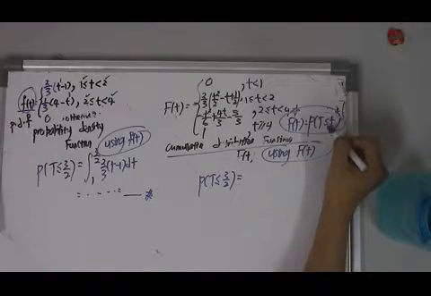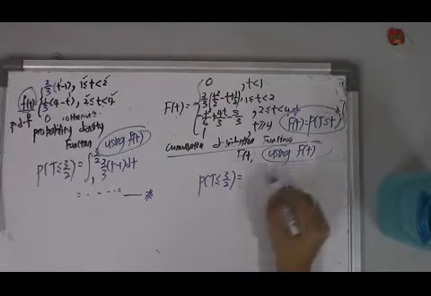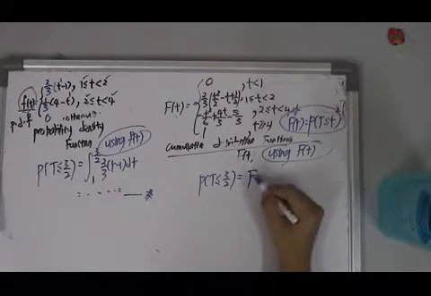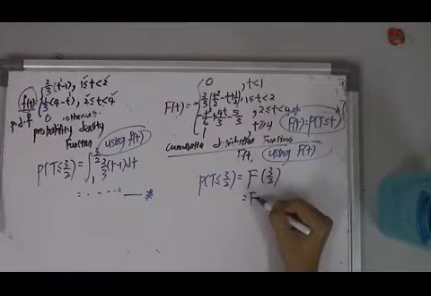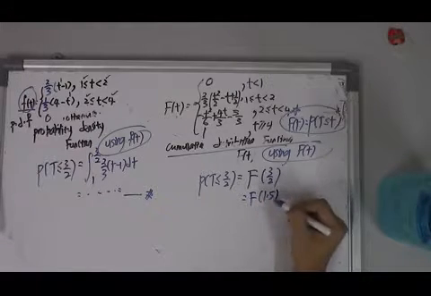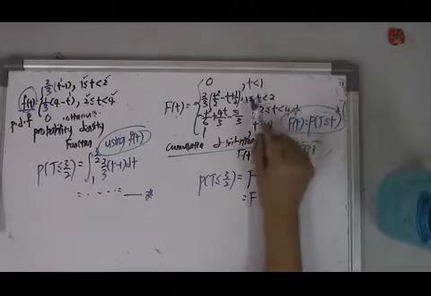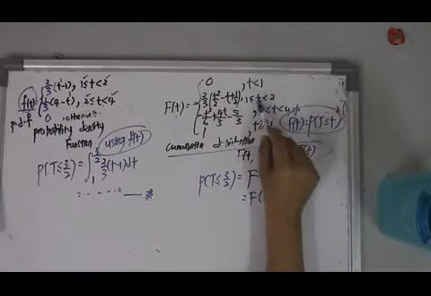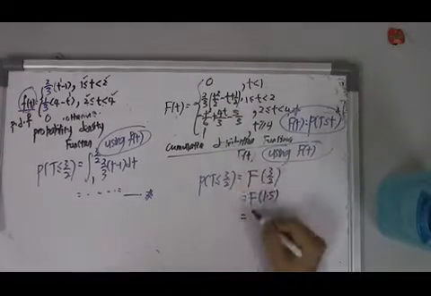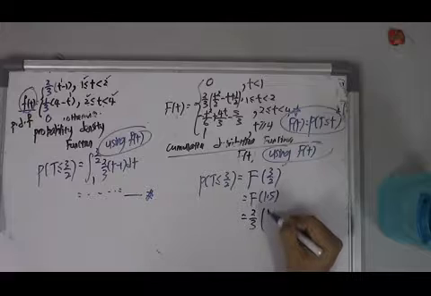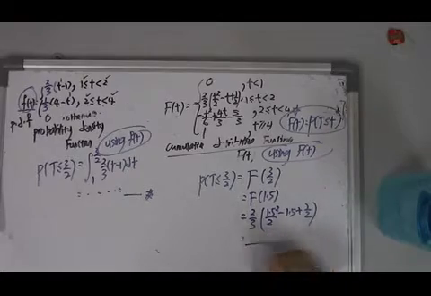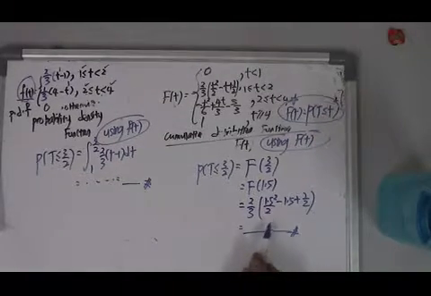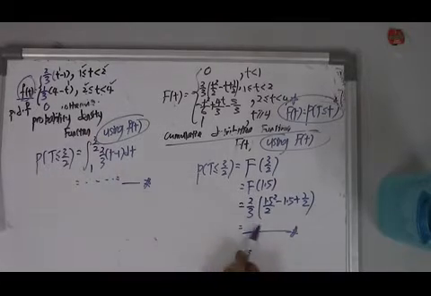So now, since you're using big F, the answer will be F(3/2), which is the probability at 1.5. 1.5 is between 1 and 2, so you just substitute the 1.5 inside here without doing any integration. You will still get the same answer.